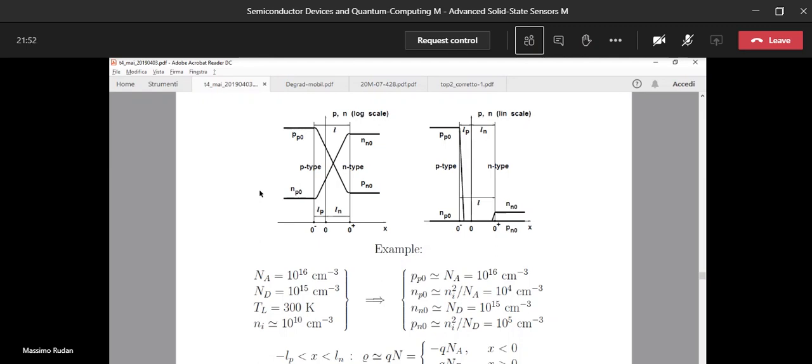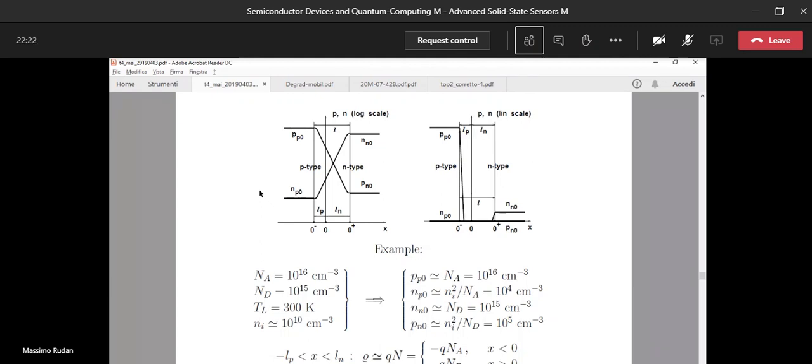However, if you now look at the right-hand side of the figure, you see the same graphs, but in a linear scale, okay? So PP0 is the largest. The constant value of PP0 is, as you remember, 10 to the 16th. Then you go to the right, you find NN0.